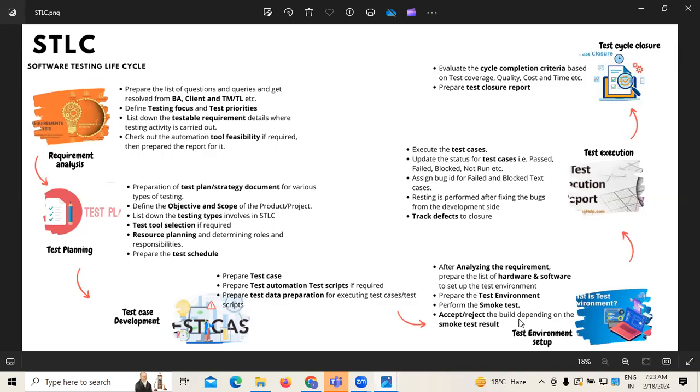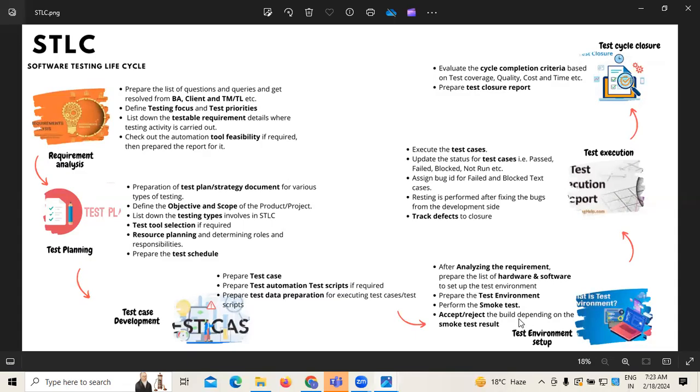But even for a BA, it's always important to know about the stages of the software testing life cycle. The first one is called requirement analysis. In this requirement analysis stage of the STLC process, testing people gather queries and requirements from the BA team.